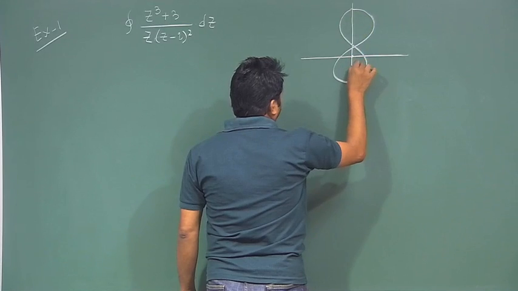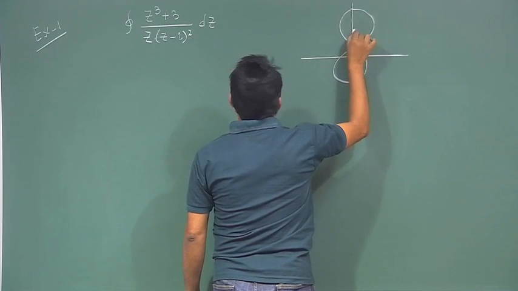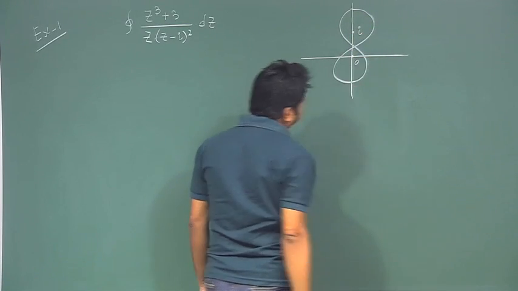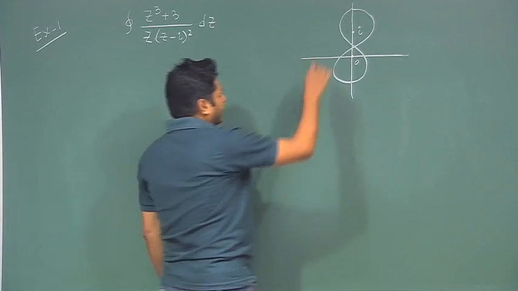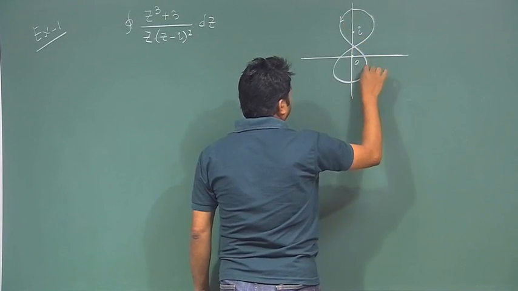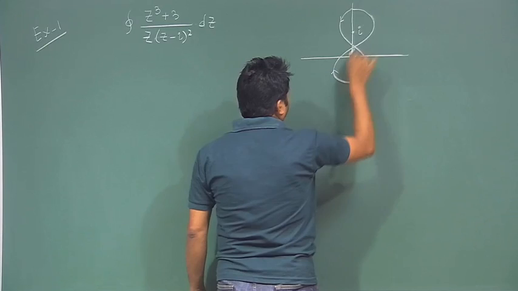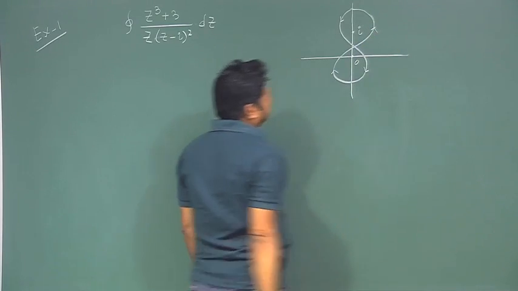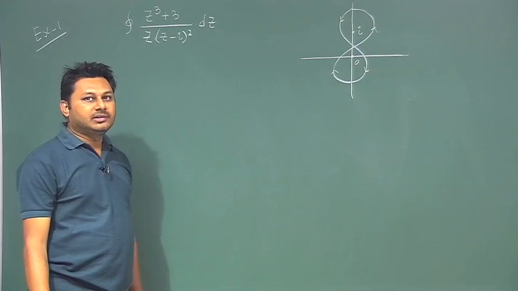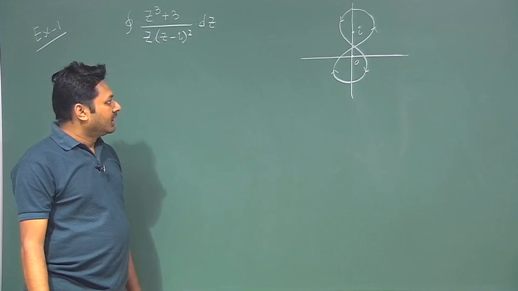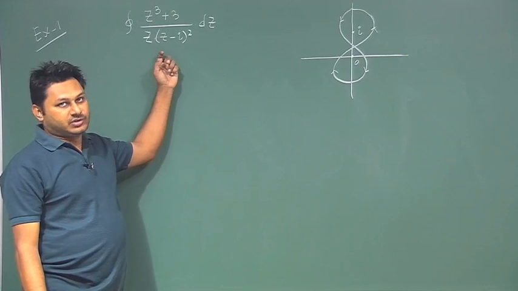This point is 0 and this point is i, and it is going like this. Okay. So, this is the contour over which I need to calculate this integration.